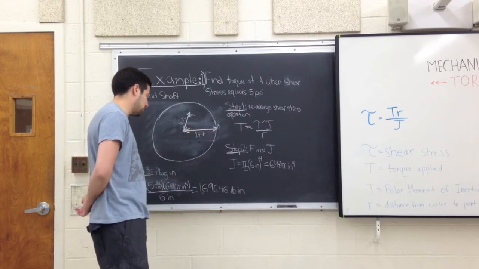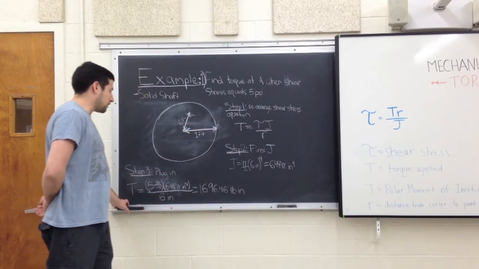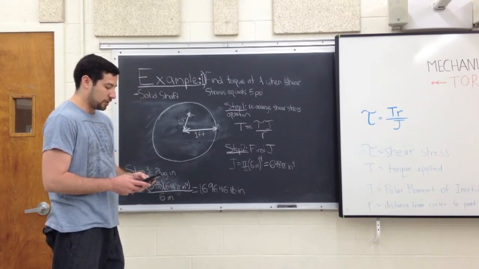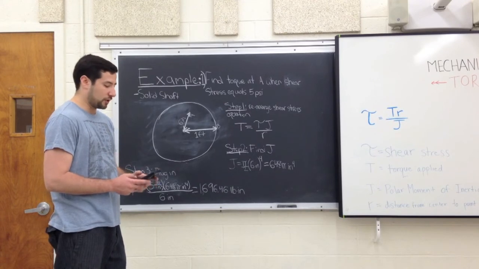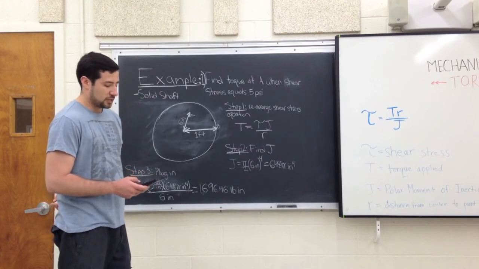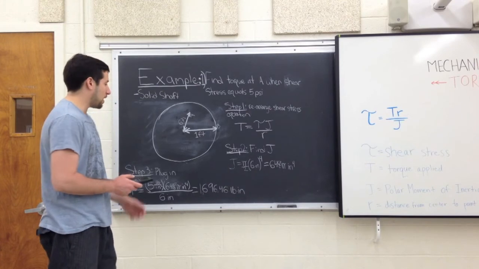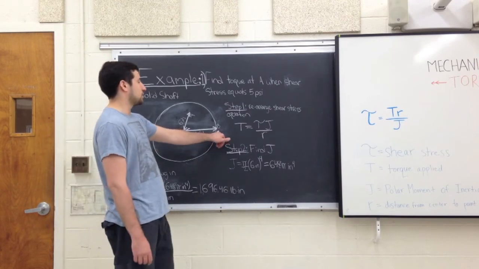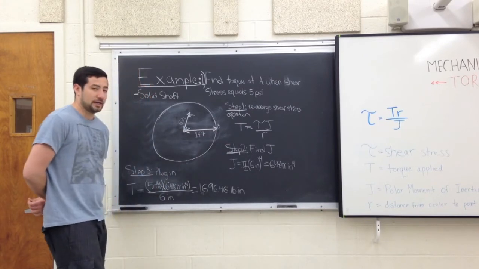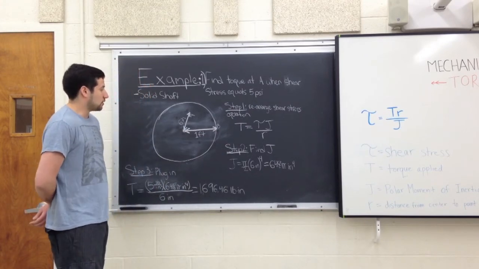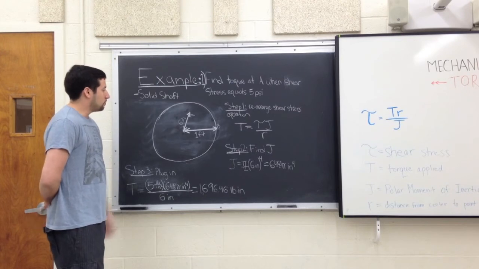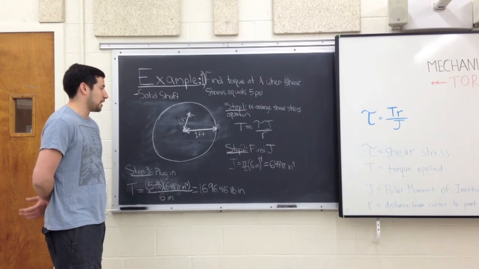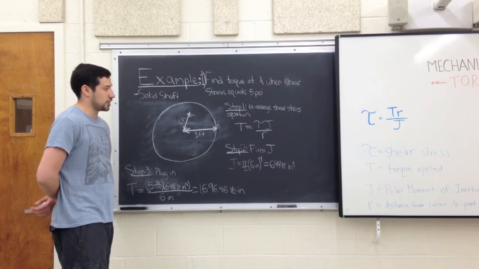After doing the same computations and plugging in the same values for R and tau into the formula, you come up with a number of roughly 13,571.7 pound-inches of torque needed to create a shear stress of 5 psi in the solid shaft. So as you can see from the example, a much larger torque is needed in order to create the same amount of shear stress in a solid shaft.